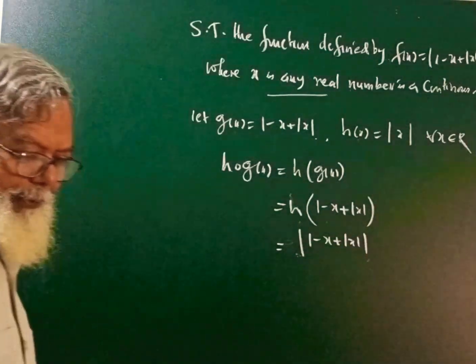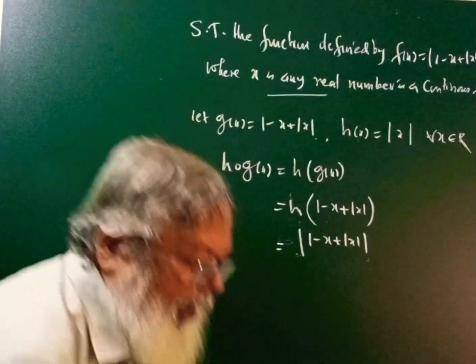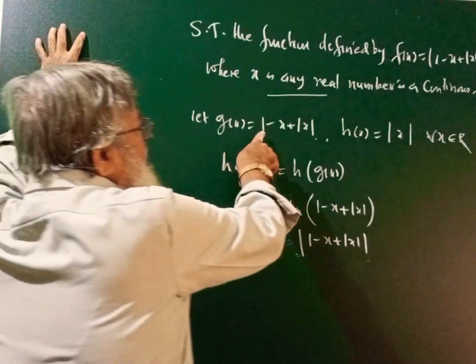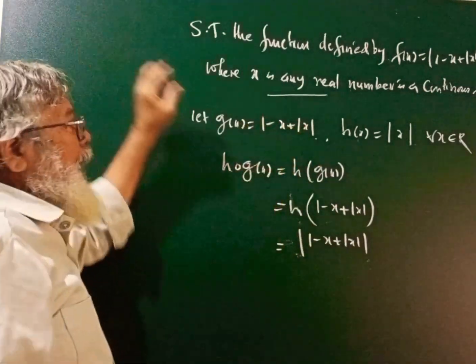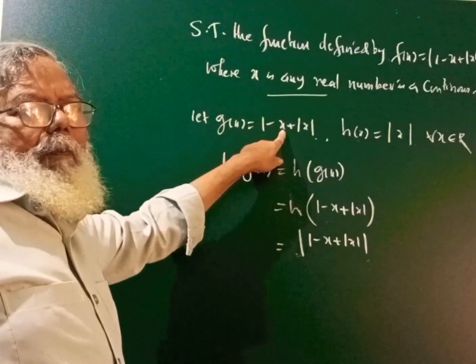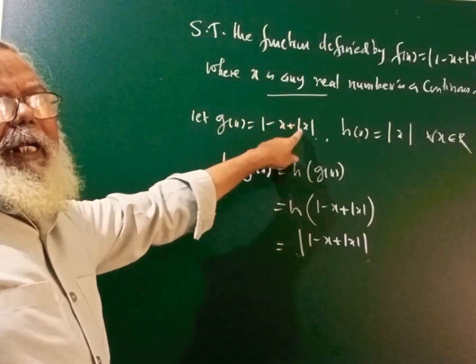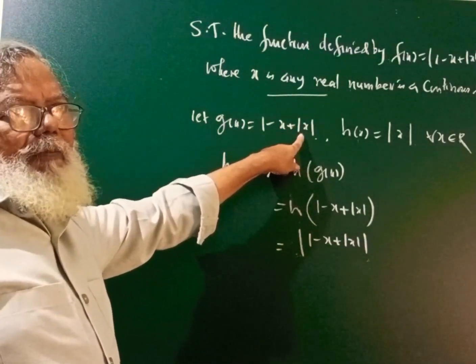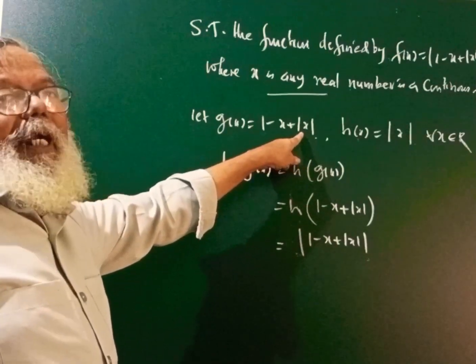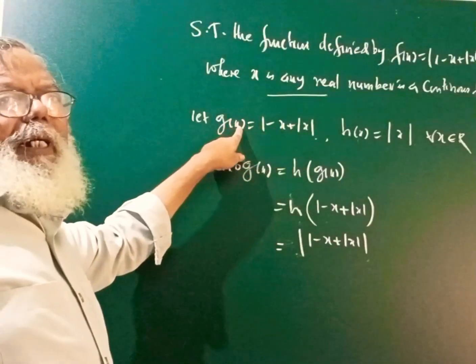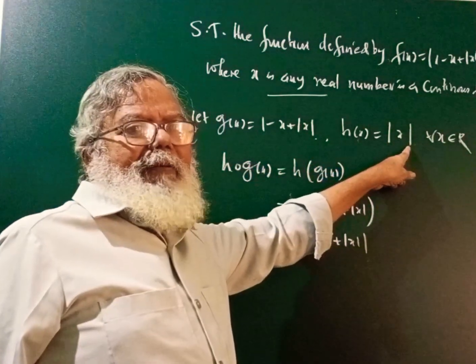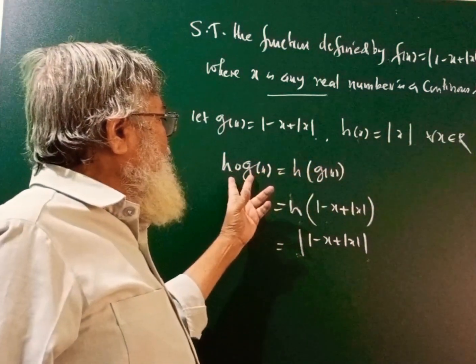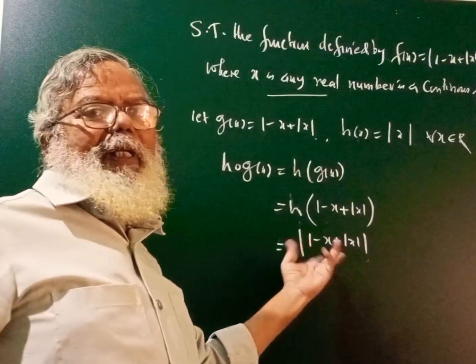Now again, the same argument. Consider this function g(x). 1 is constant, continuous, and x is a polynomial, continuous. And already we have proved mod x is a continuous function. By algebra of continuous functions, g(x) must be continuous. And moreover, mod x is continuous, and the combination of these must also be continuous by the theorem.